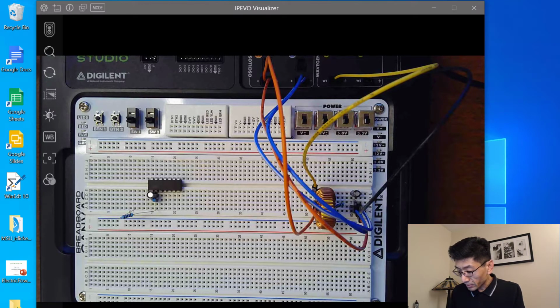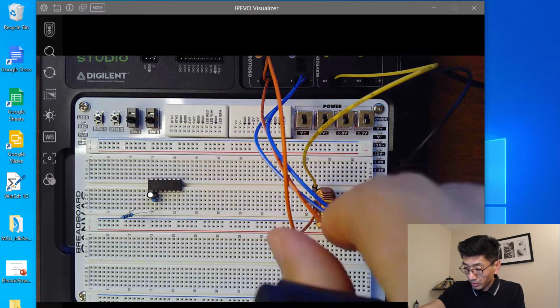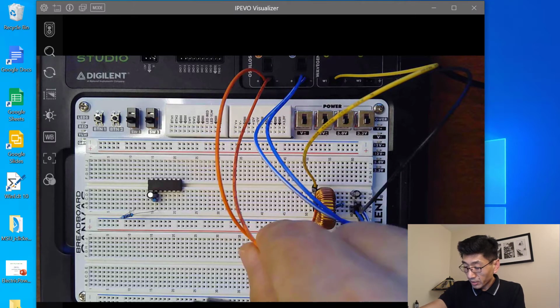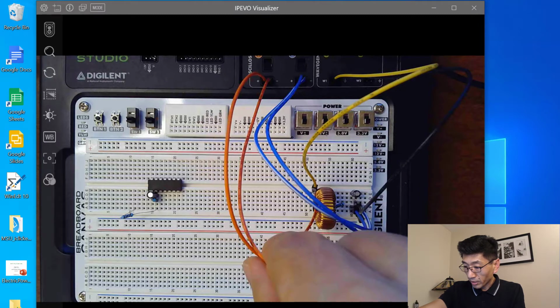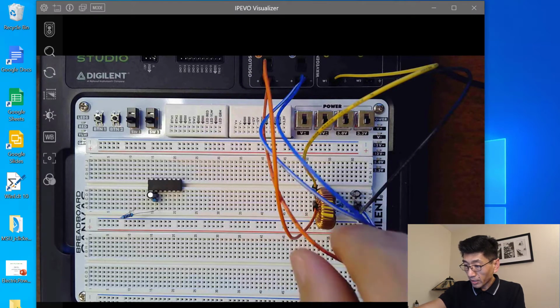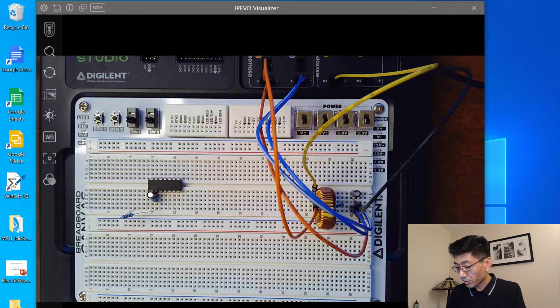Remember, the orange one is channel 1, the input measurement, and the blue one is channel 2, the output, and we have the function generator applying the input.